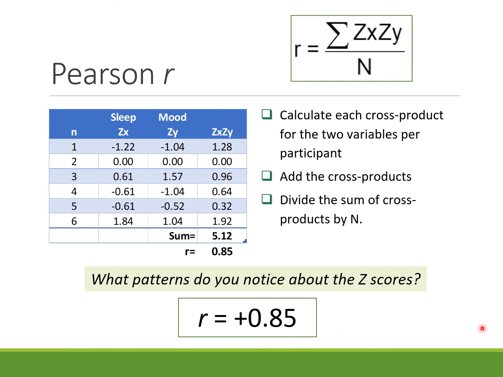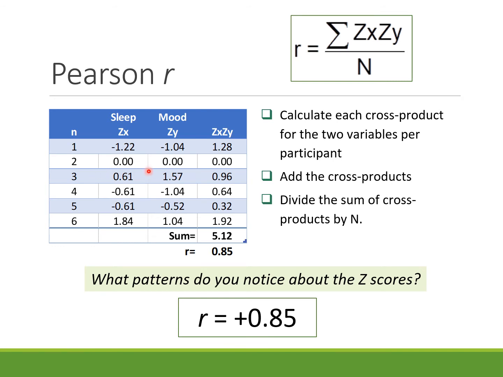Now, what patterns do you notice about these z-scores? One of the things that I notice is that when the z-score for sleep was negative, it was also negative for mood. When it was positive for sleep, it was also positive for mood.